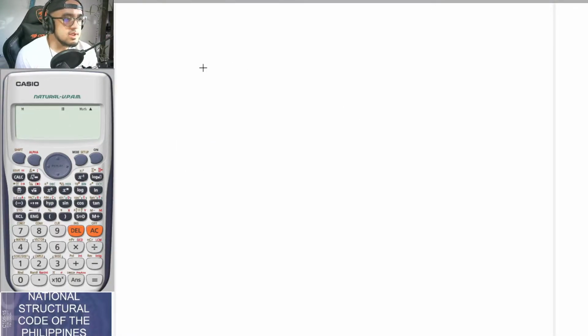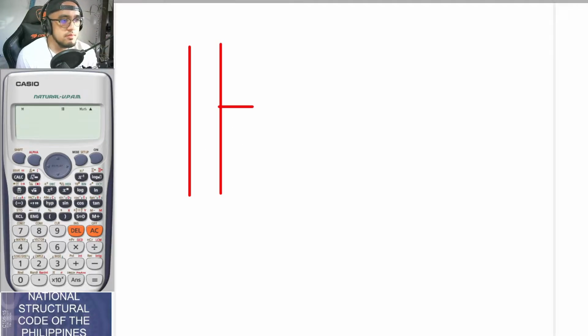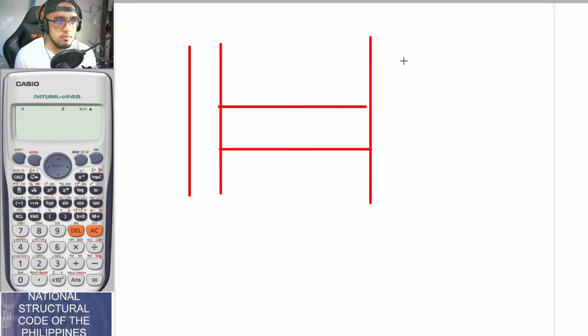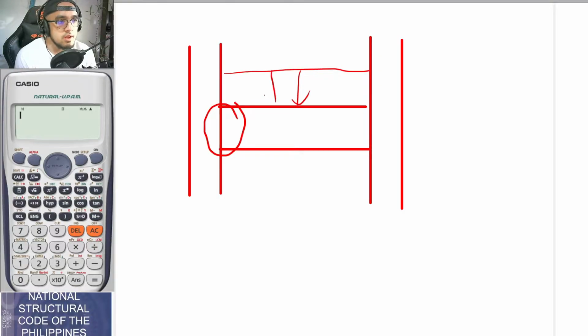Let's say that this is your beam and this is its column. If this is the column and this is a beam, just for example, and this is its setup, of course this is a fixed support, this is a fixed support, and of course you have your uniformly distributed load here.